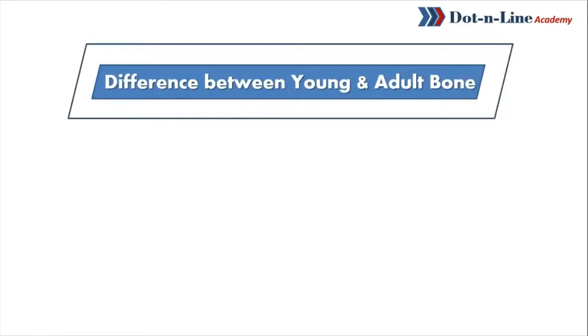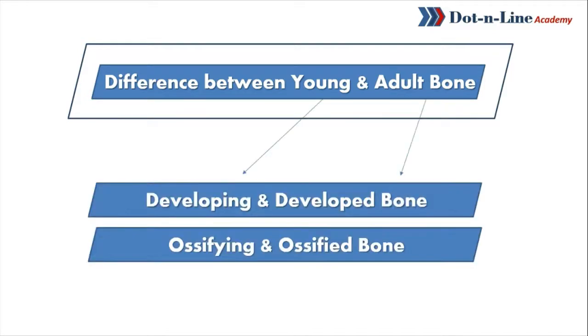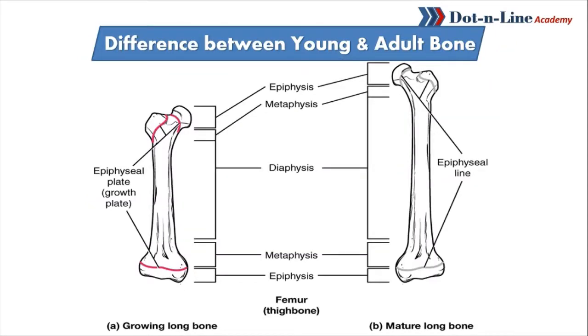So what is the difference between young and adult bone? This was the second question I asked in the starting. We can say that the young bones are the developing bones and the adult bones are the developed bones. The young bones are the ossifying bones, that are being ossified, and the adult bones are the ossified bones. The main difference is the epiphyseal plate and the metaphysis.